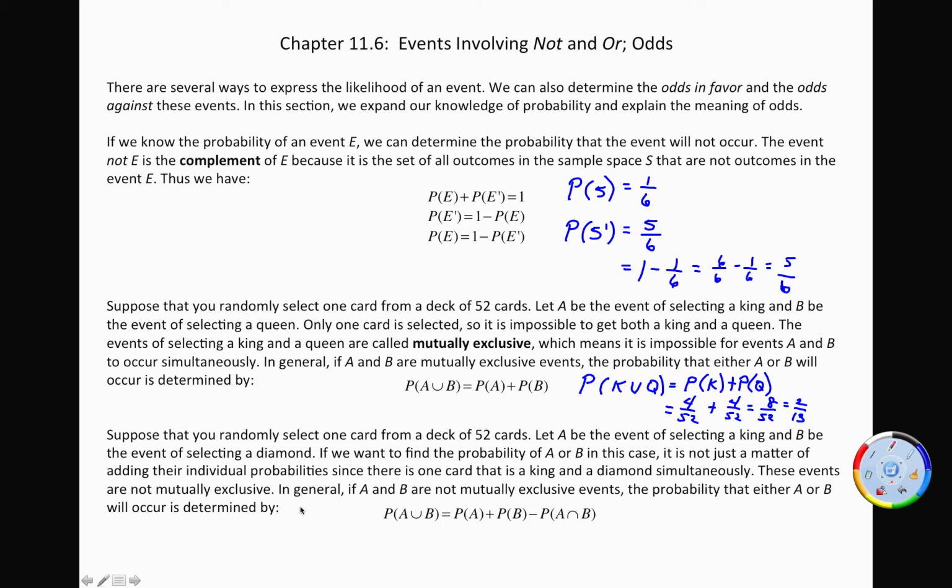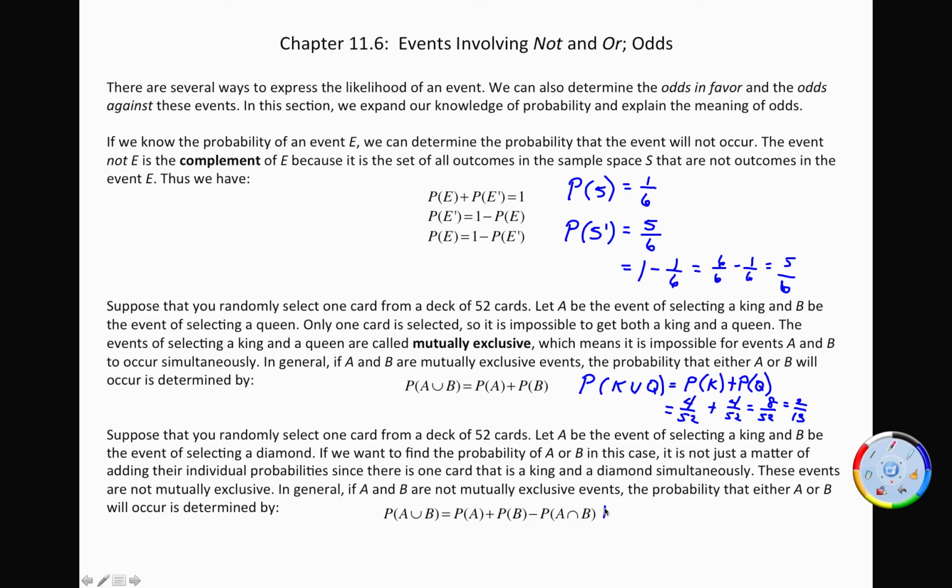So in general, if A and B are not mutually exclusive events, here's the formula for that probability. Now, notice for the king of diamonds, we've counted it in the probability that it's a king, and we've counted it in the diamonds. So we have to take one of those occurrences away.